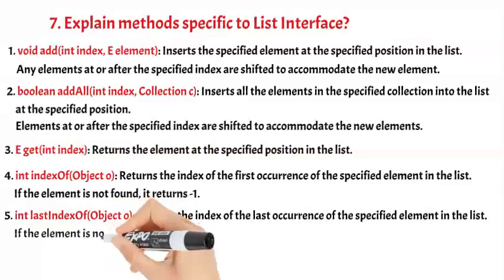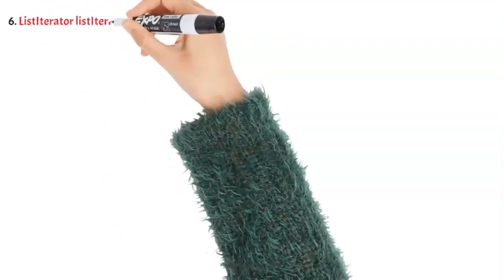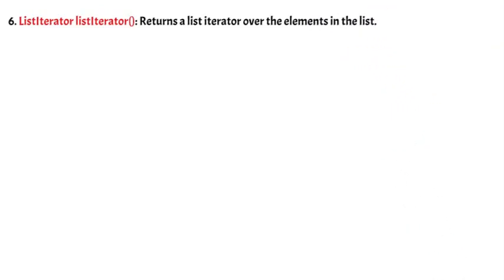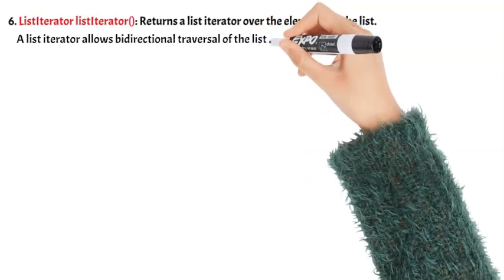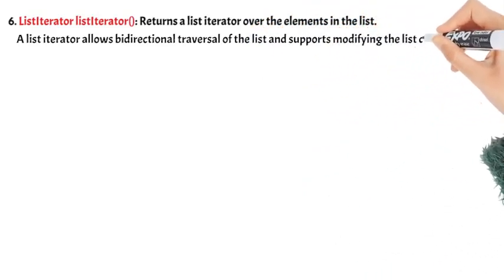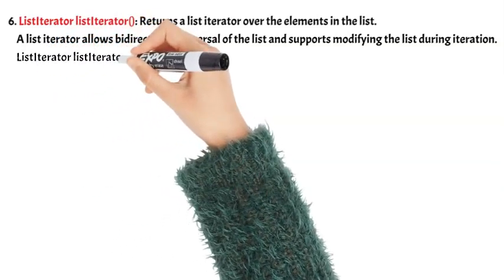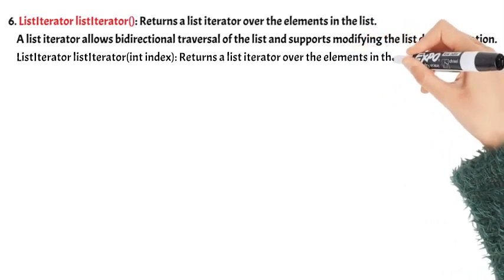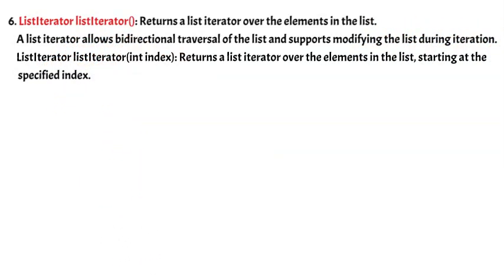If the element is not found, it returns -1. 6. listIterator returns a list iterator over the elements in the list. A list iterator allows bidirectional traversal of the list and supports modifying the list during iteration. listIterator(int index) returns a list iterator over the elements in the list, starting at the specified index.